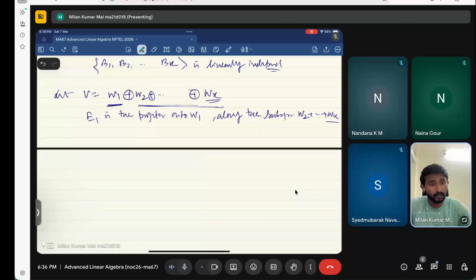So you get projection operators E1, E2, up to Ek, and in each case the range of Ei is Wi, and the null space of Ei is W1 plus up to Wi minus 1 plus Wi plus 1 and so on. Here the direct sum is not needed, so I will not write it. Okay, let me just a minute.